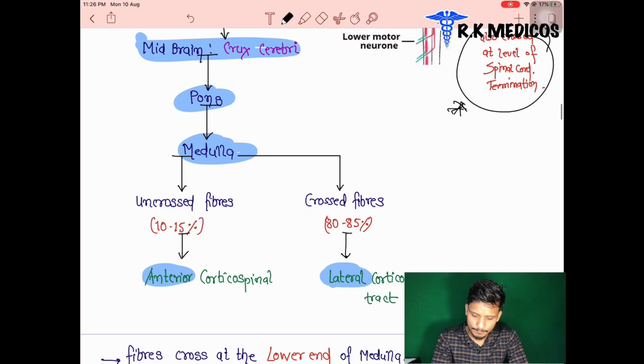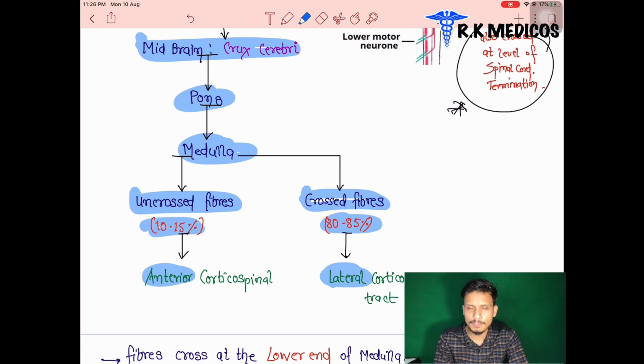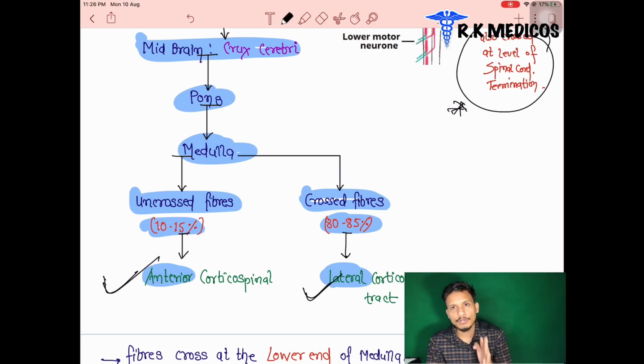Now we see that the crossed fibers will be 80 to 85% and the uncrossed fibers 10 to 15%. The uncrossed fibers are called the anterior corticospinal tract, containing 10 to 15% of the fibers, and the crossed fibers form the lateral corticospinal tract, containing 80 to 85%.